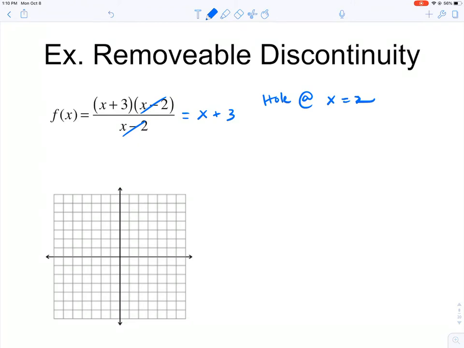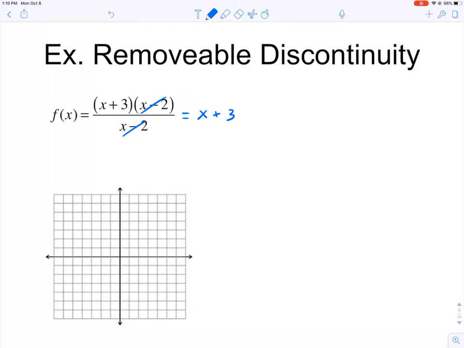So we know there's going to be a point of discontinuity. But now we're going to look at this from a limits, a calculus perspective. Let's pretend that we don't know that there's a hole at x equals 2.